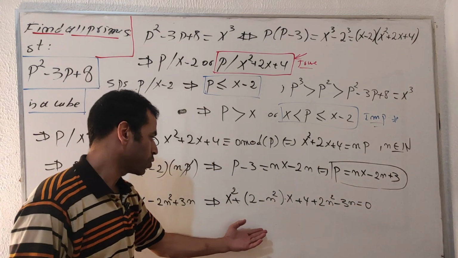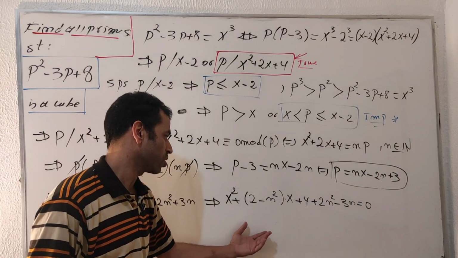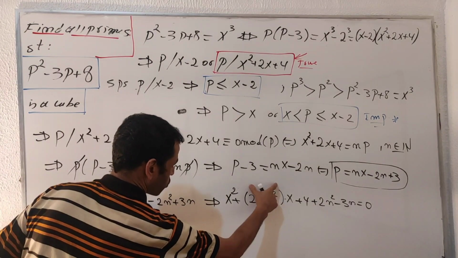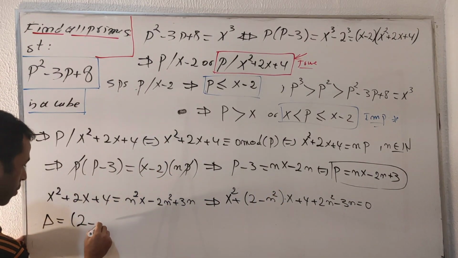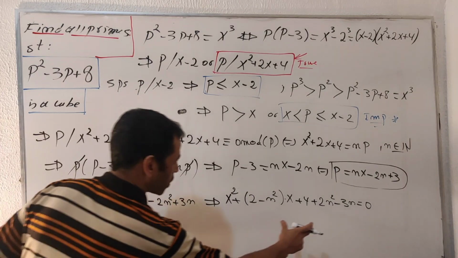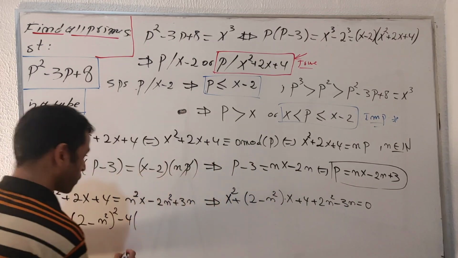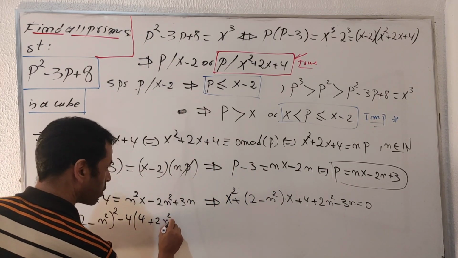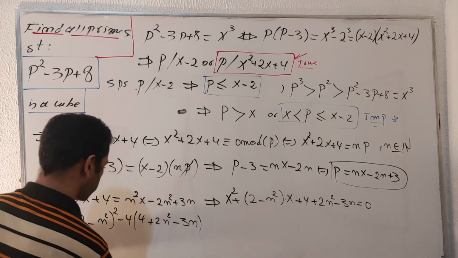So now I'm simply going to calculate the discriminant of this one, which is delta. We get delta as a discriminant equals this object squared, which is (2 minus n squared) squared, minus 4 multiplied by c, which is this one. I get 4 plus 2n squared minus 3n.